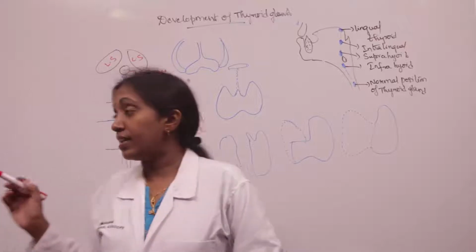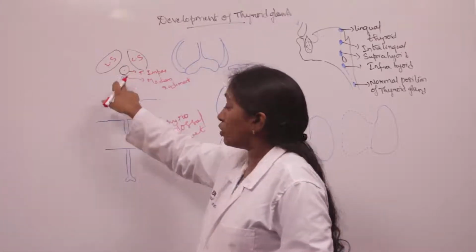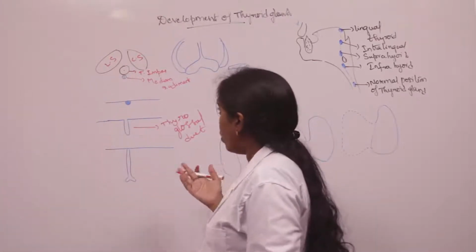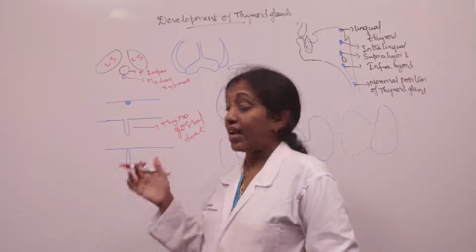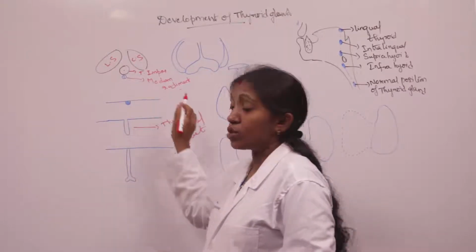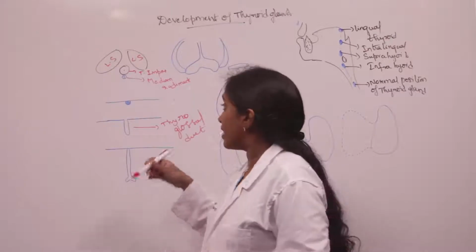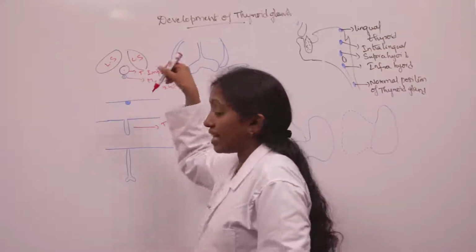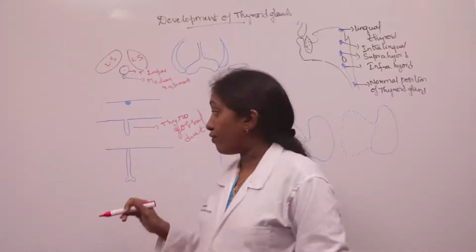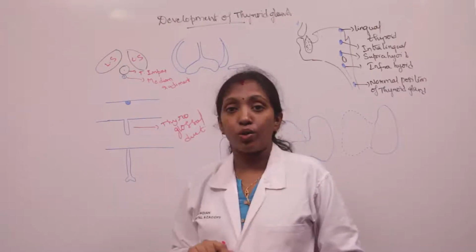So the endodermal cells dorsal to the tuberculum impar proliferate and form an elevation called the median rudiment. These endodermal cells evaginate downwards and form the thyroglossal duct.